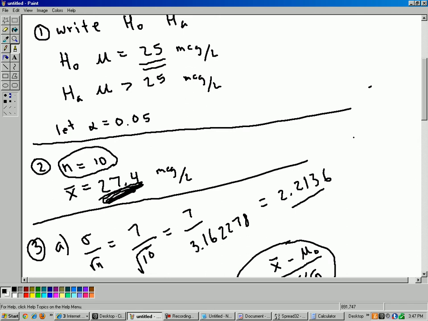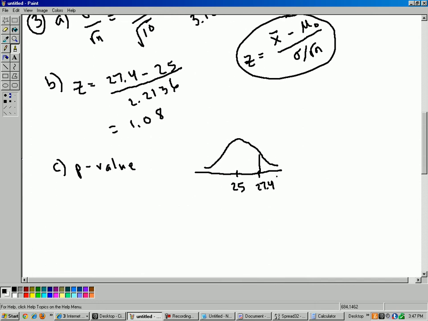The alternate hypothesis is greater. So that's telling me that I'm looking at the upper tail of the sampling distribution here. So what is the area of that part of the curve? In other words, what is the probability of getting 27.4 or higher from a sample of size 10?